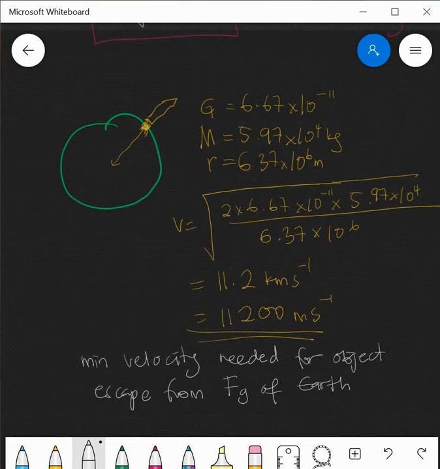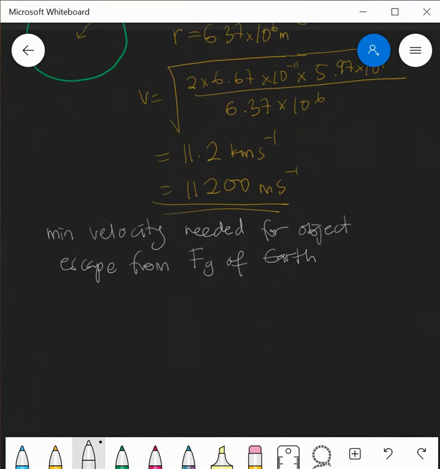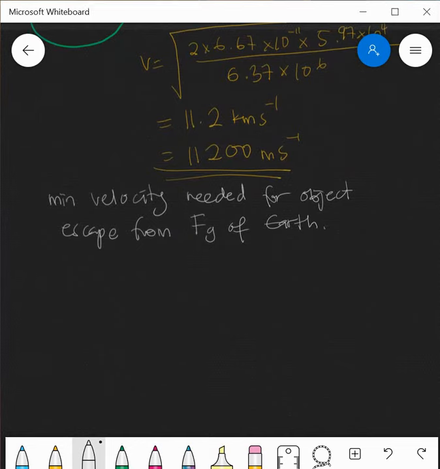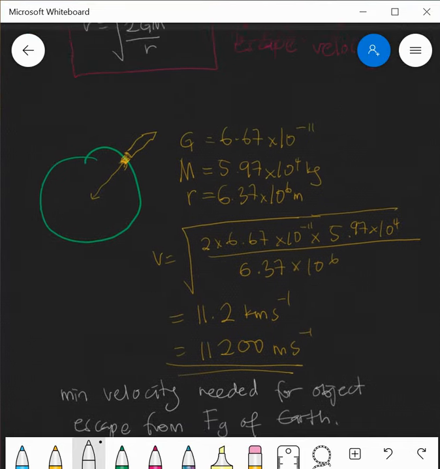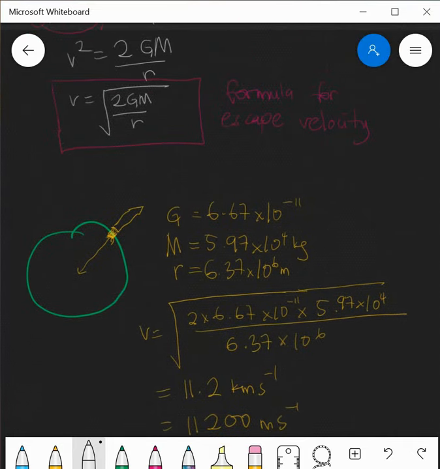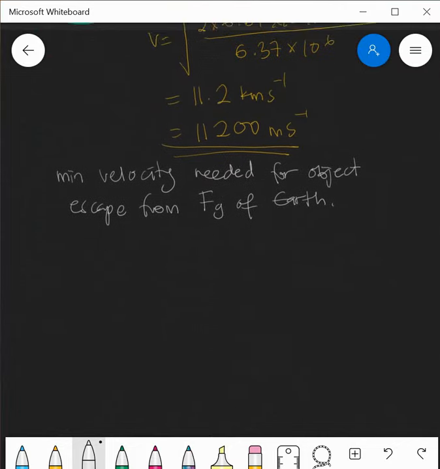Satu saat awak kena cover 11,200 meter. Dapat ke? Tak dapat kan? Okay, so duduk diam-diam dekat rumah. Stay at home. Okay. So this is the minimum velocity required for the object. Okay. So different planets have different escape velocity. Okay. Depending on the mass and also radius of the planet lah.